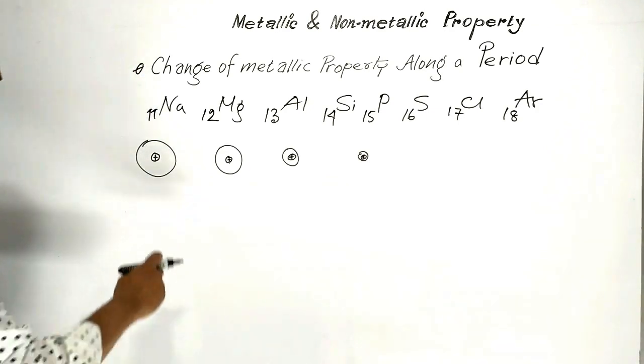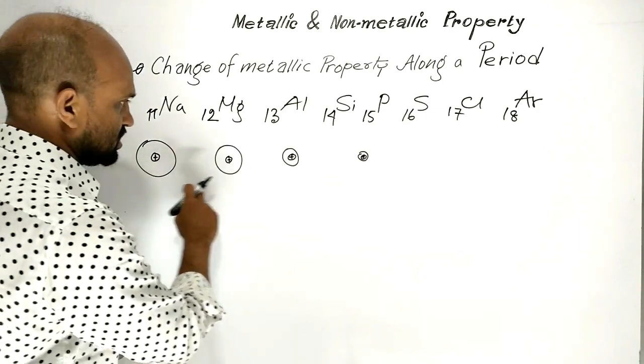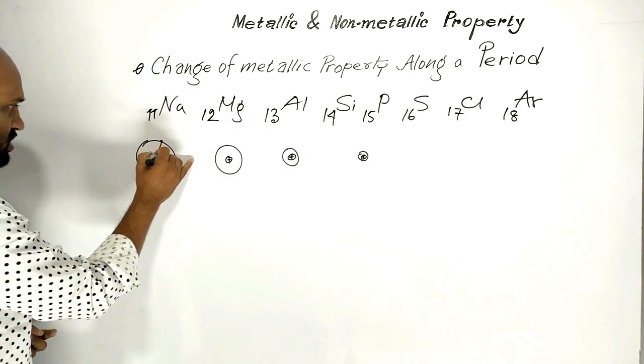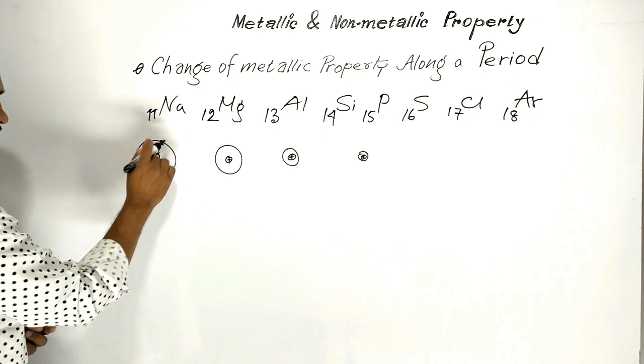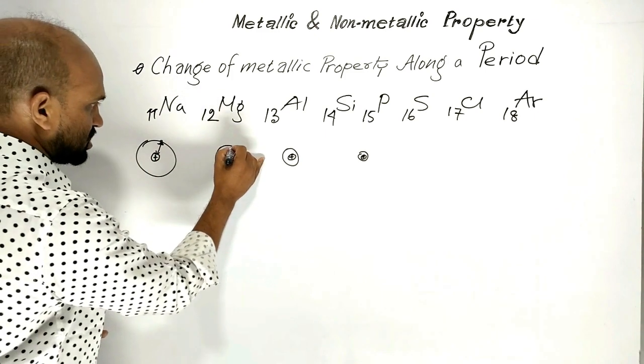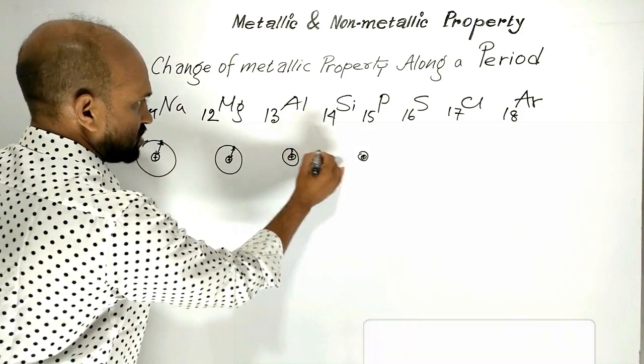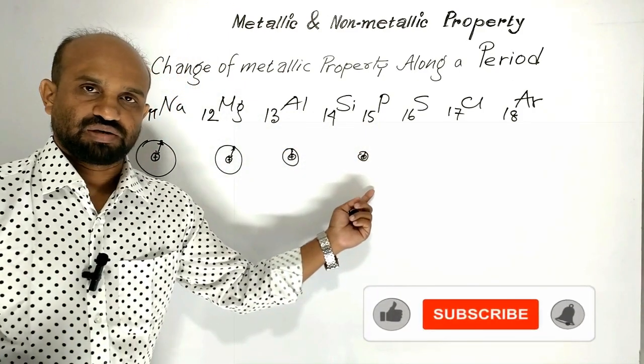When atomic sizes decrease from left to right, then the distance between nucleus and outermost shell electron decreases gradually from left to right.